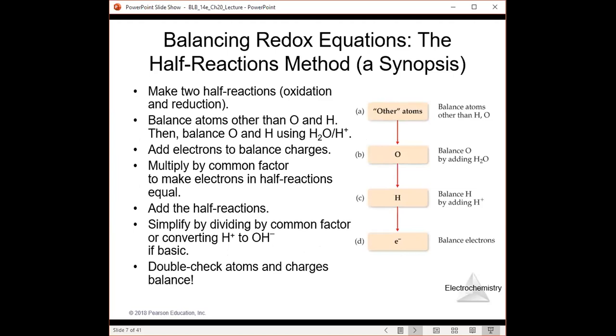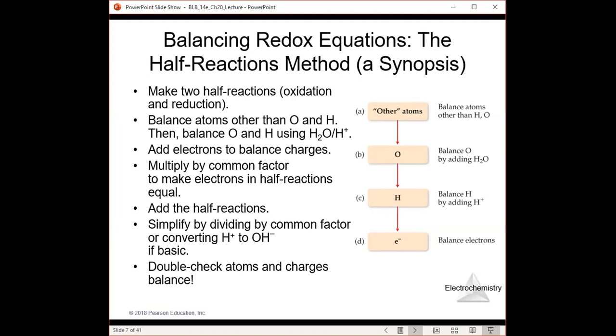That is very important because they are used mostly to balance these types of things out. So you make 2 half reactions. You have to know which one is oxidation and which one is reduction. Then you balance the atoms, everything but the oxygen and the hydrogen.